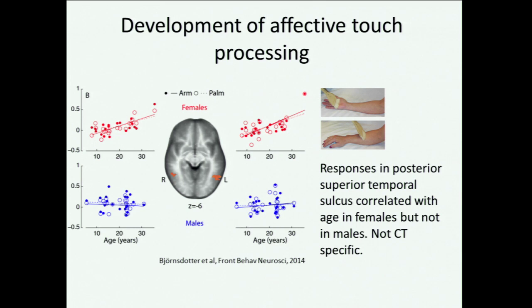So there's a correlation between the BOLD signal with age only in females in superior temporal sulcus bilaterally. And we don't know what this stands for, but we would like to look more into that. And this is not CT specific, because we see it both for brushing on the forearm and brushing of the palm.